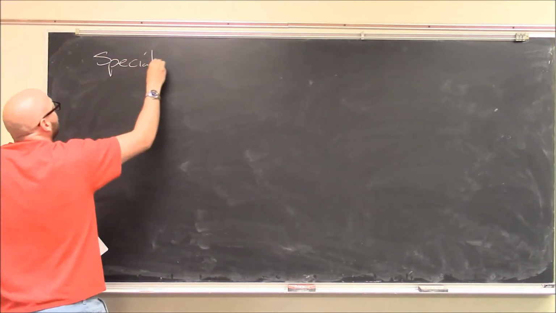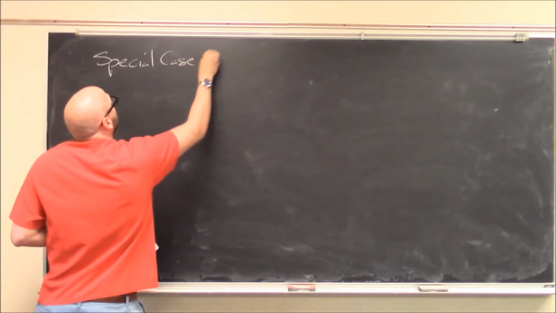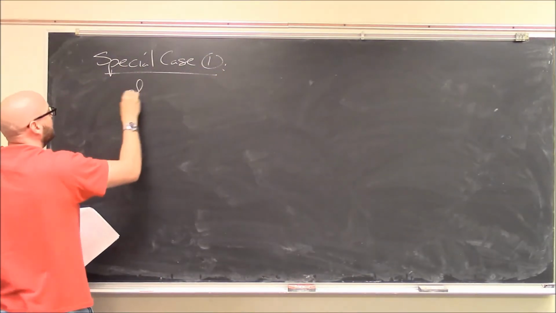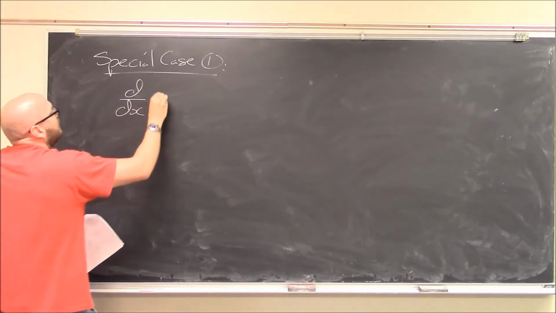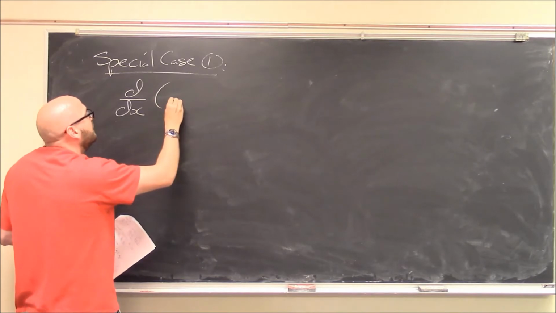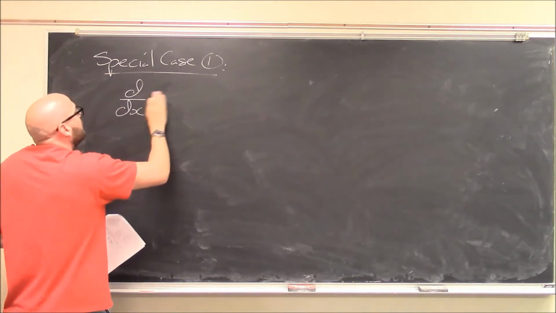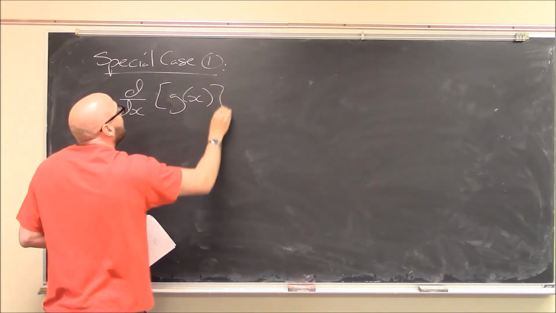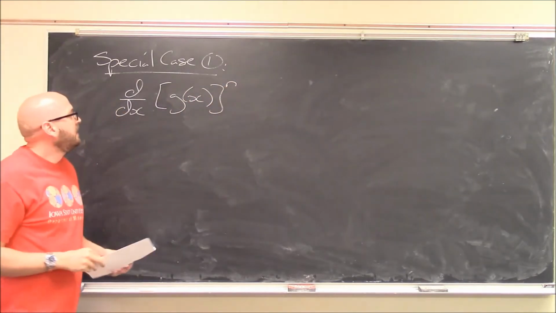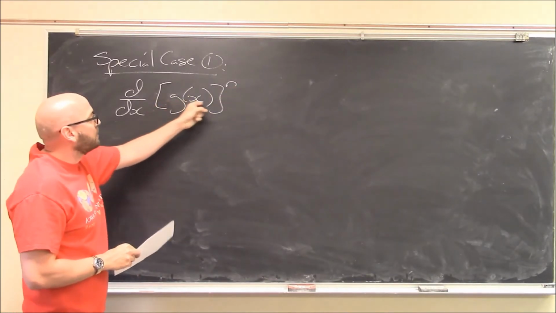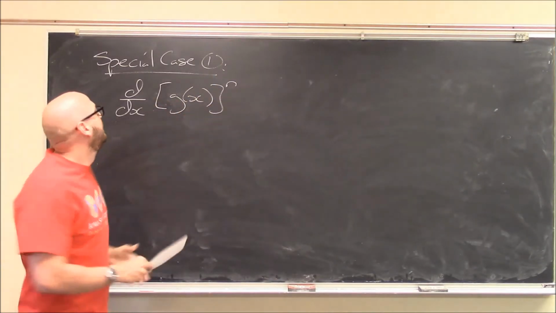So this is special case number 1. Here's the chain rule applied to the types of functions we'll be working with for now. We know how to differentiate x to the n, right? How about the derivative of g of x, to the n? So instead of x cubed, maybe you've got x squared plus 1, all cubed.